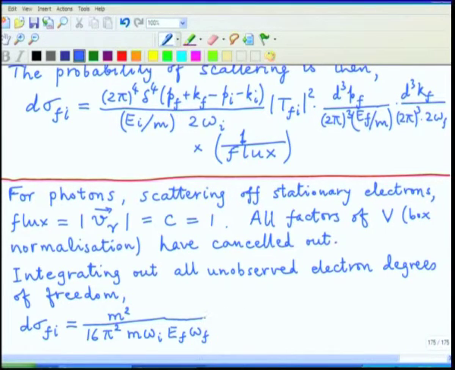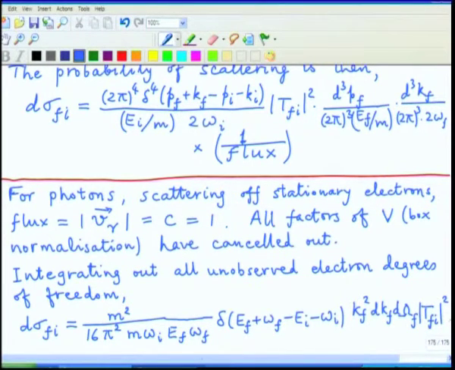So, these are the normalization factors, then there is a delta function of the energy, which remains from the 4-dimensional delta function, and then the integration over k_f can be separated into radial and angular parts.